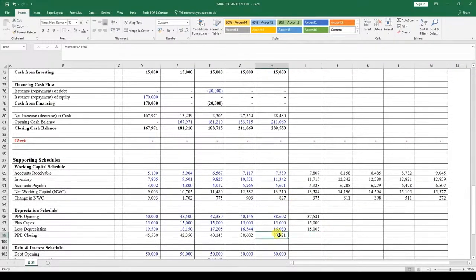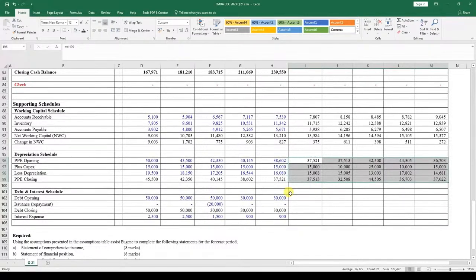To get the closing PPE, we get the opening PPE, we add the capex and less the depreciation on the machines. So we drag the formula moving to the right like that.